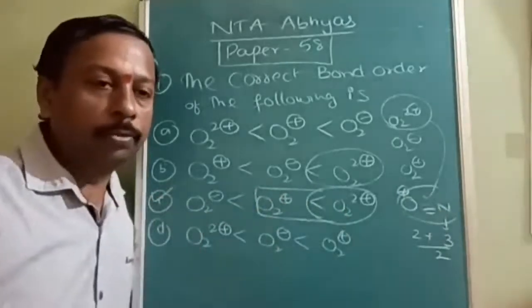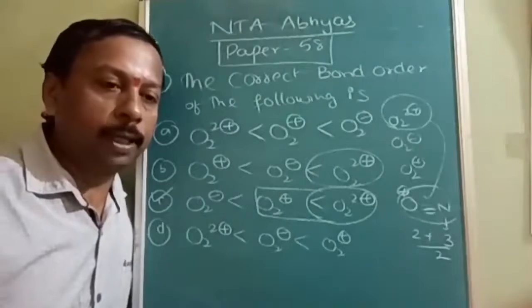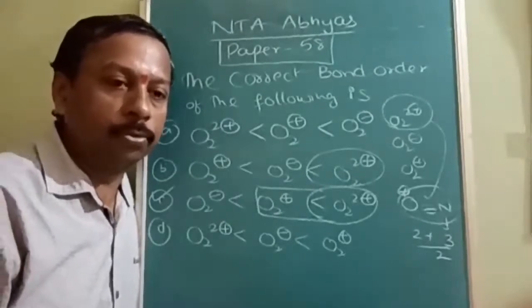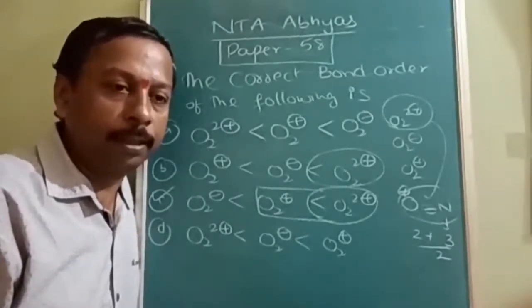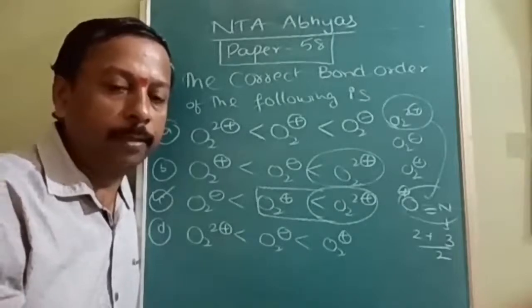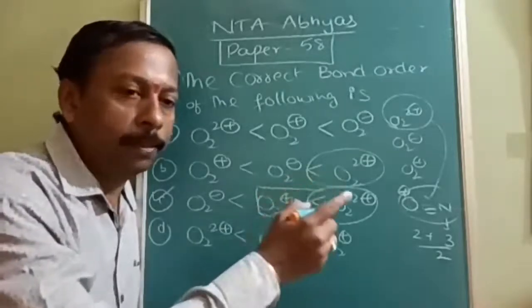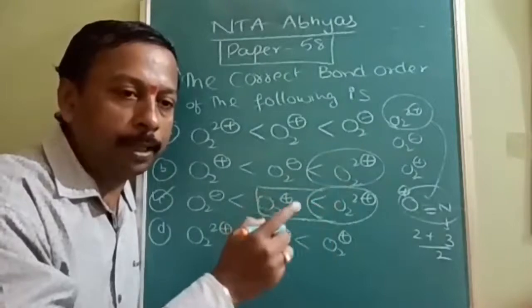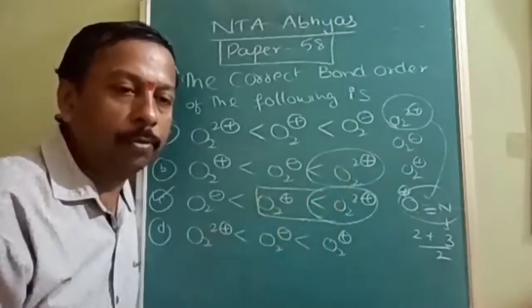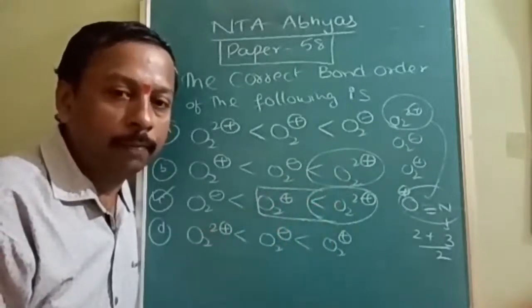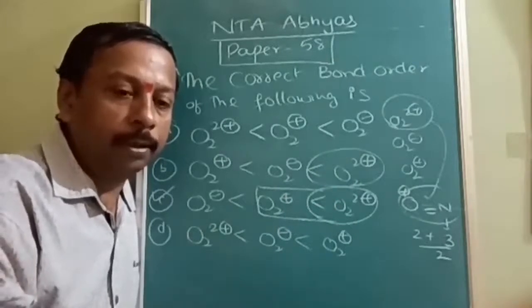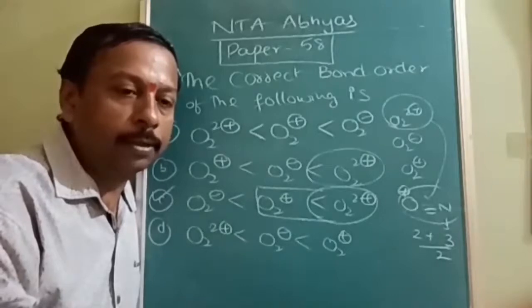Understood? Once you eliminate the electron, whatever electrons are left over can be used to identify the element. Like oxygen plus means nitrogen. Oxygen minus means fluorine. Fluorine can form only one bond, whereas oxygen can form two bonds. Likewise, depending on the number of electrons available, we can identify the atomic number.